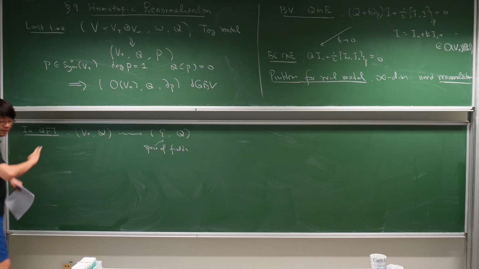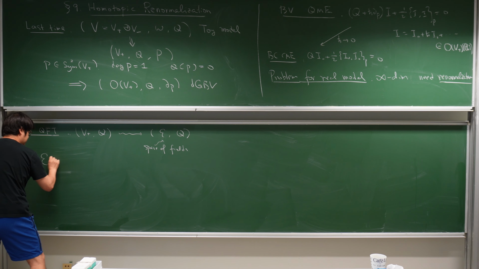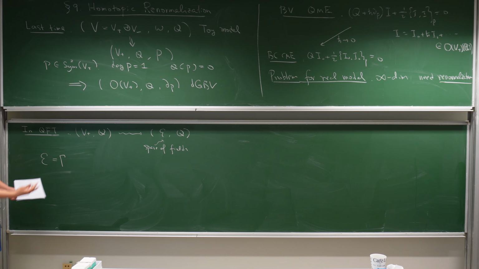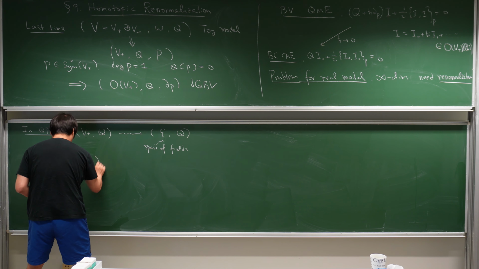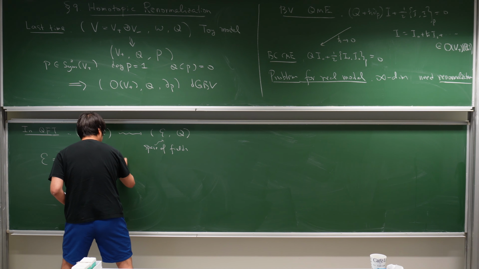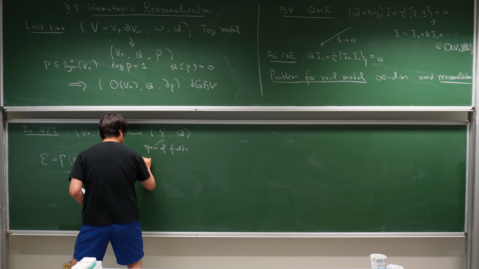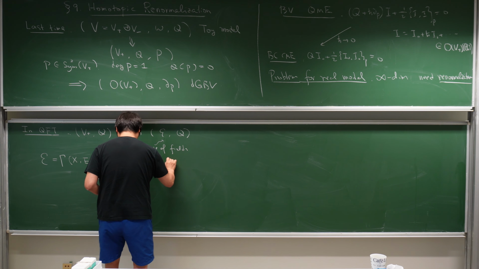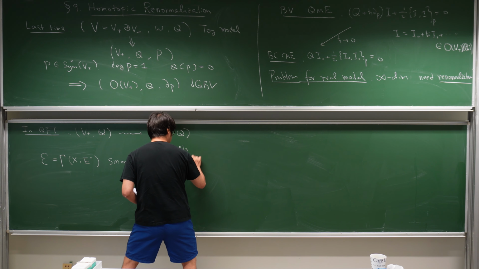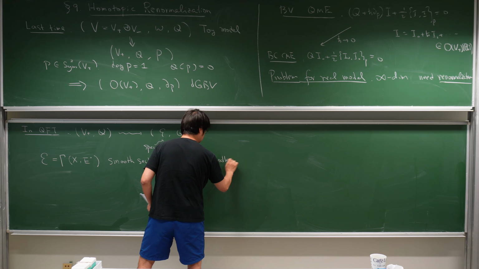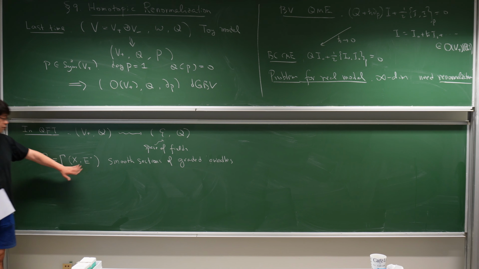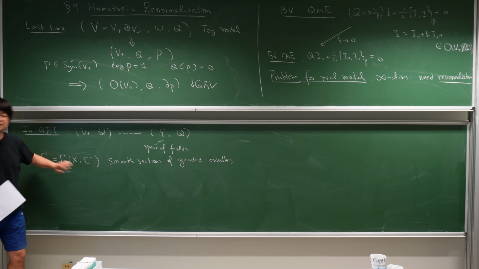Usually this one has the following structure: it's given by smooth sections of some kind of graded complexes on a particular manifold. It depends on the theory. This could be very complicated.